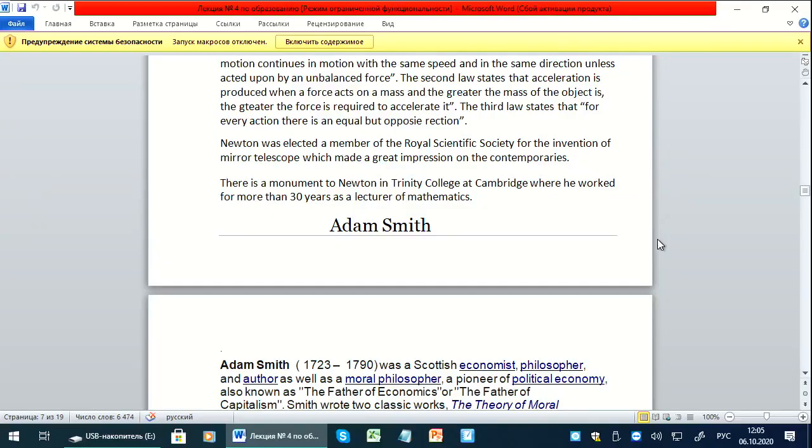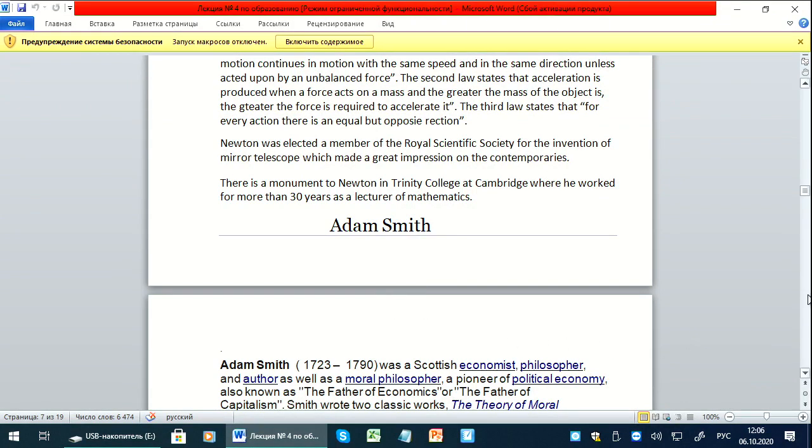Okay. So, I want to tell you before I speak about the scientists and technologists of the United Kingdom who worked in the field of computer science, some words about Adam Smith.